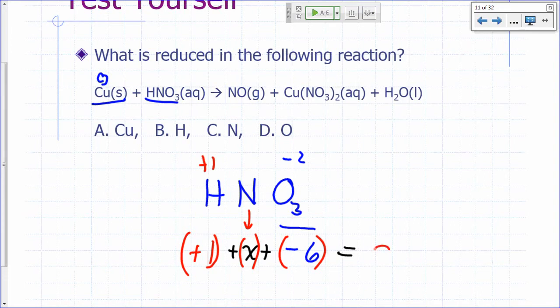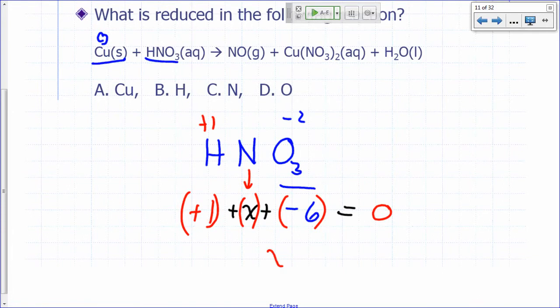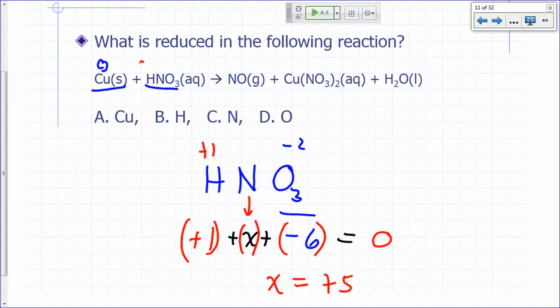Together, they should add up to 0, right? So what's the oxidation number of nitrogen? +5. So the oxidation numbers here: hydrogen is +1, nitrogen is +5, oxygen is -2.